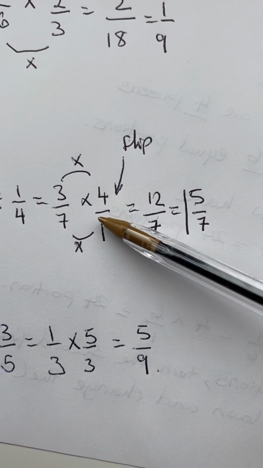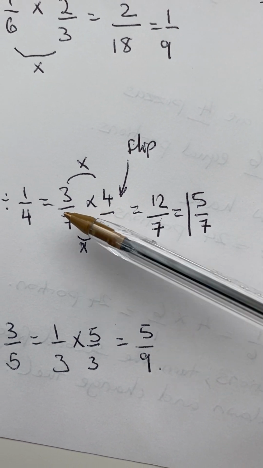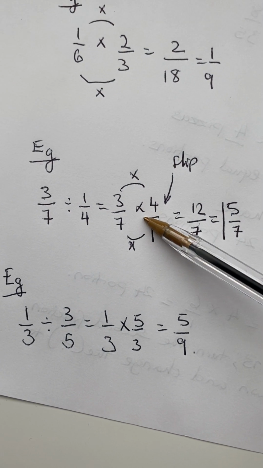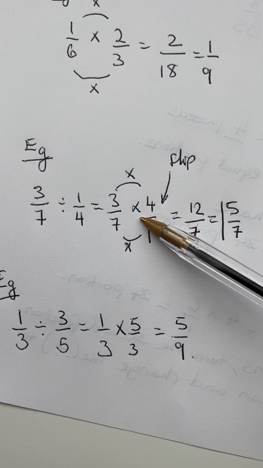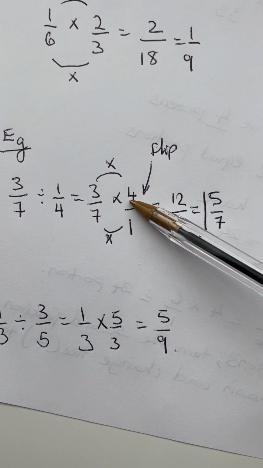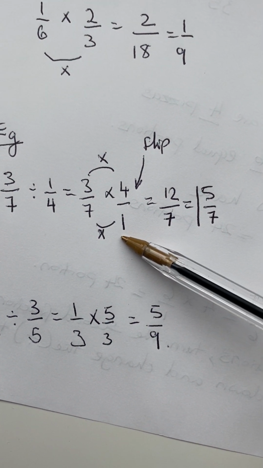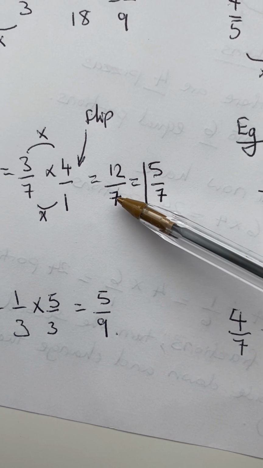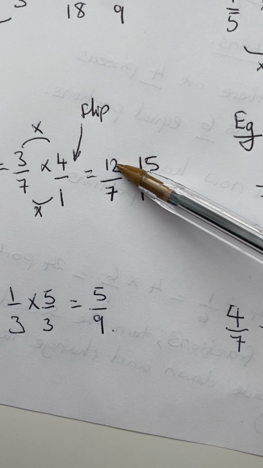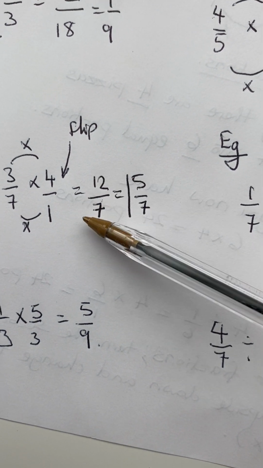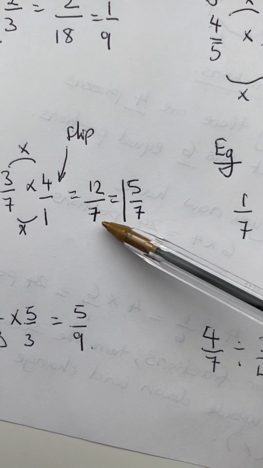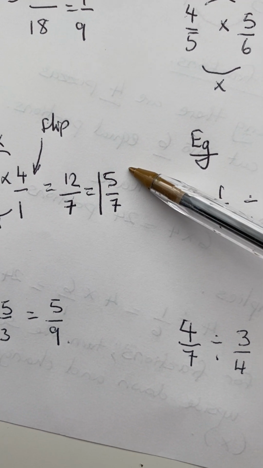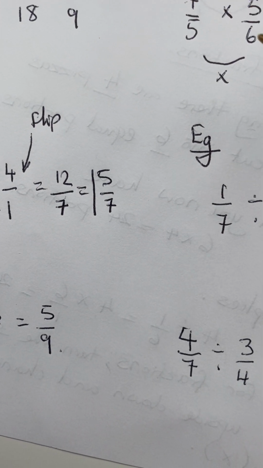You always remember to flip it. Immediately you change the division sign to a multiplication sign. And then you multiply the numerators and the denominators. And whatever your answer is, depending on the question, you can leave it as an improper, top-heavy fraction, or a mixed fraction, or put it in the simplest form.